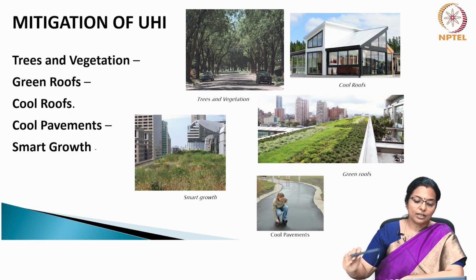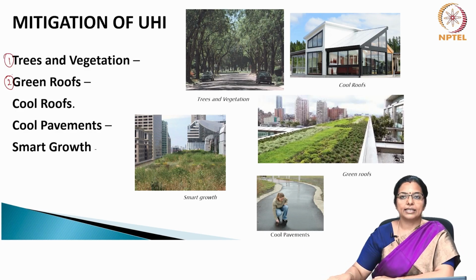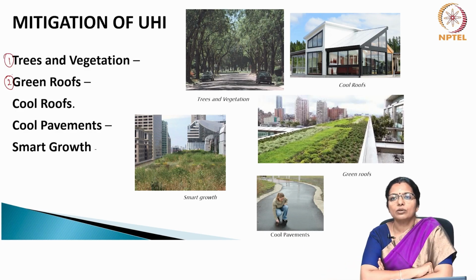Second is green roofs. We will be looking at green roofs in a little more detail later. These are sometimes referred to as rooftop gardens or eco roofs, and they have advantages because they provide shade and absorb heat from the atmosphere through evapotranspiration.